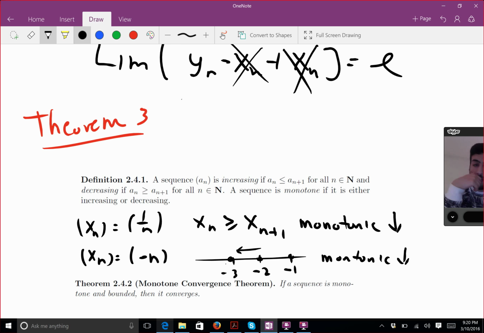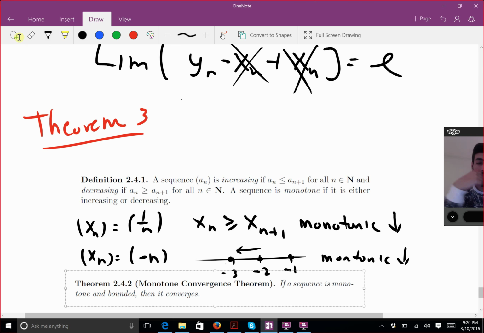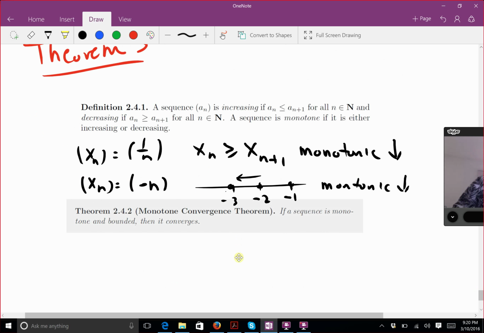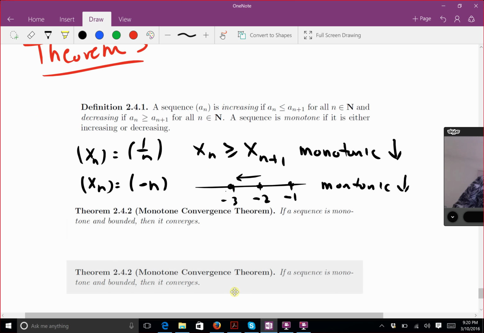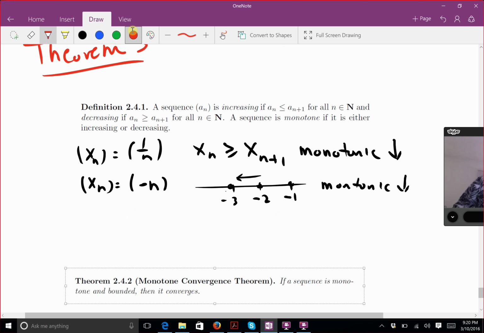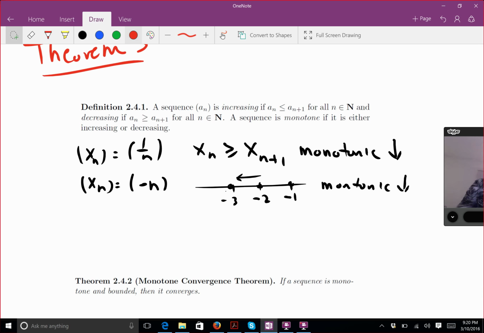Now you can have monotonic increasing also. If I had x sub n equal to positive n, that's monotonic increasing.